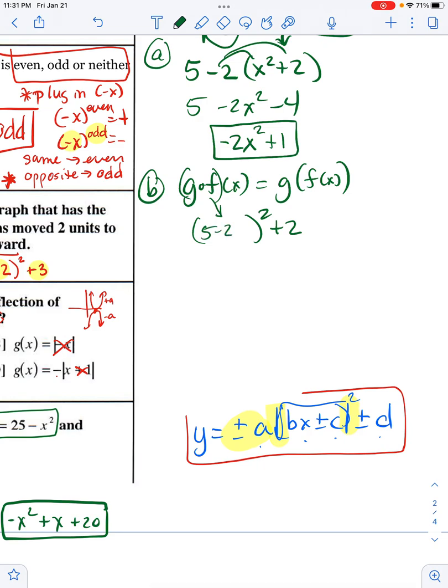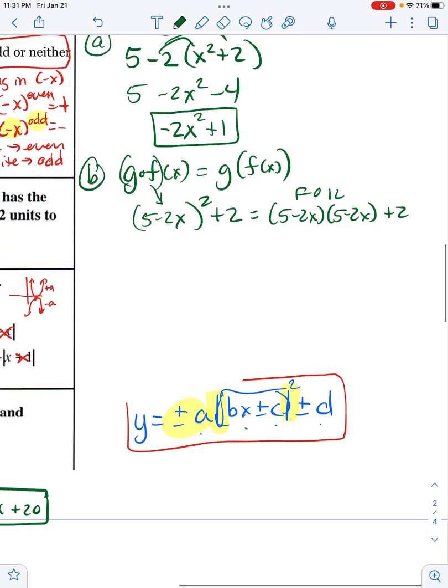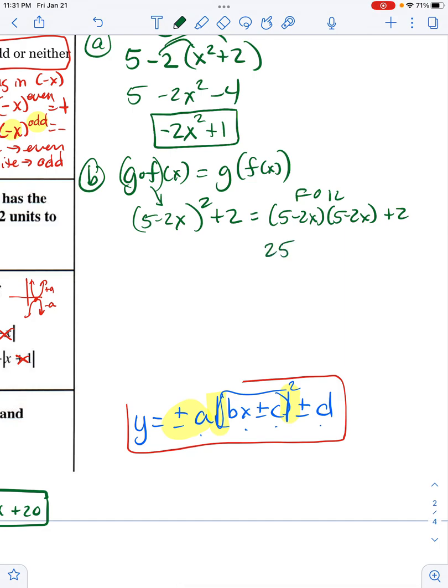So 5 minus 2x. Now, you are probably not going to love this, but we are smart enough to do this. Squared means multiplied by itself. So I'm actually going to end up FOILing those two. And then this plus 2 is going to be hanging around at the end. So let's FOIL this. 5 times 5.